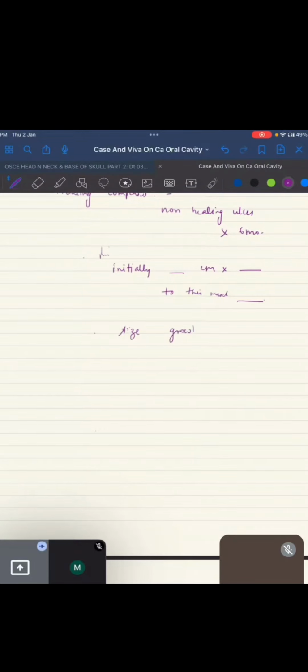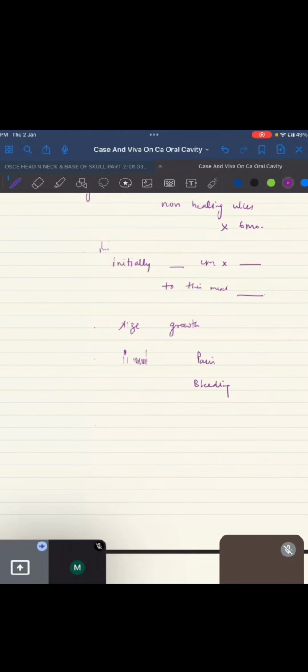So you have to comment upon the size, that is the growth. Then you have to mention whether there is any pain associated with it. Then you have to mention whether there is any bleeding or any pus coming from it. Then you have to mention any other associated features like any dysphagia, or odynophagia, or any associated symptoms of malignancy.